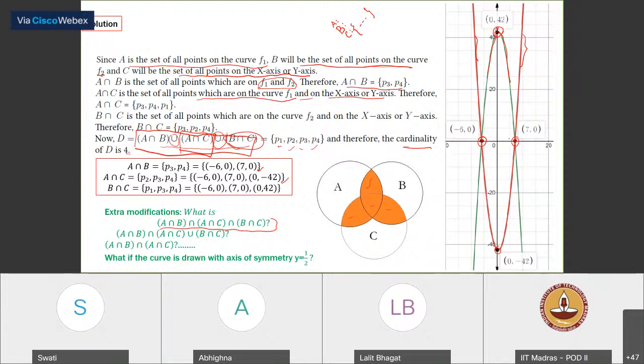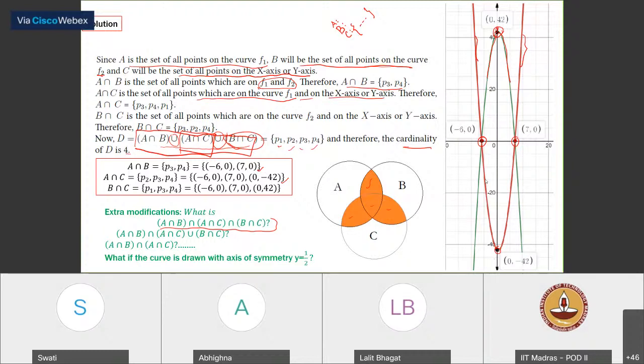There will be 3 elements, I think: minus 6, 0, plus 7, 0, 0, 42, and 0, minus 42. What I did was take the whole range, minus 6, minus 5, minus 4, like that, in the x-axis up to 7.